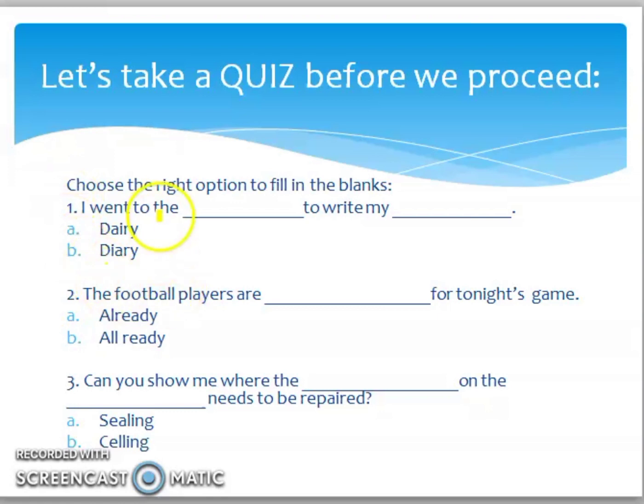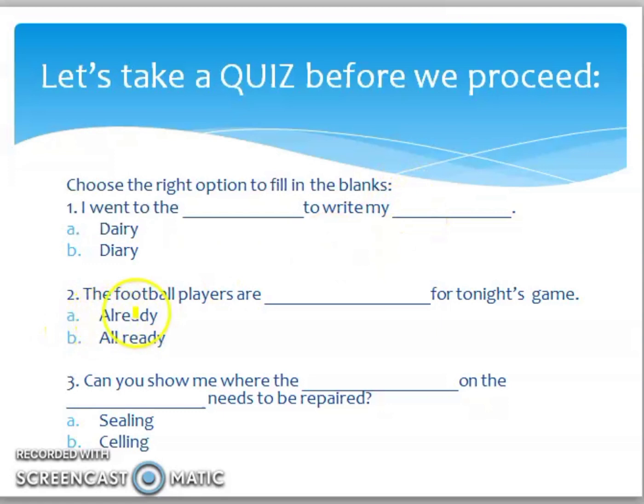Now we have learned about dairy and diary, already and all ready, sealing and ceiling. So the first sentence: I went to dash to write my dash. I went to the dairy to write my diary. So A should be here and B should be here.